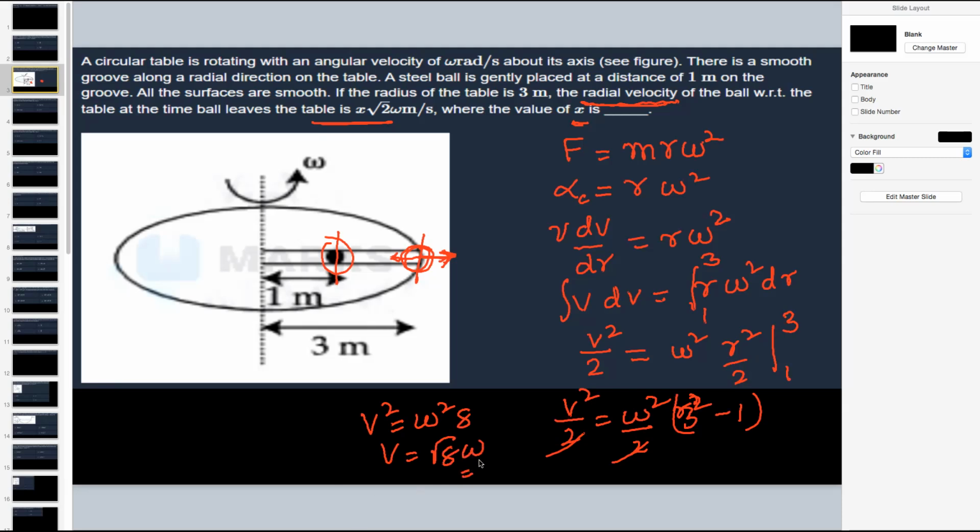Can I write it as 2 root 2? Yes. Now what is the value of x? This is x into 2 root 2 omega. The value of x is 2. Is it clear? Yes. Now we go for the next one.